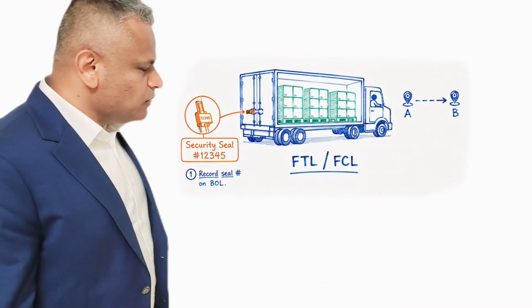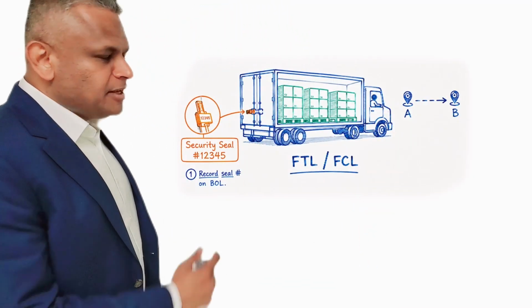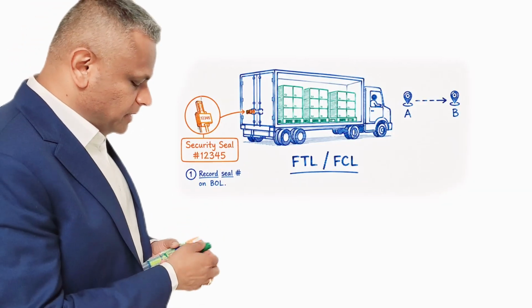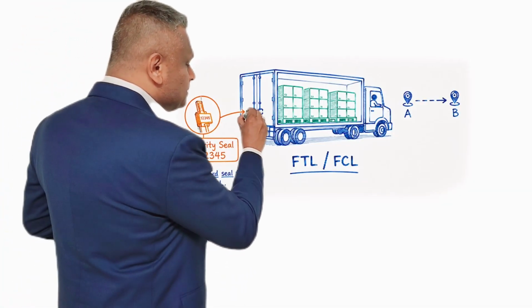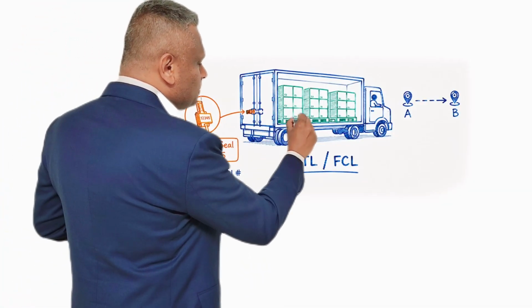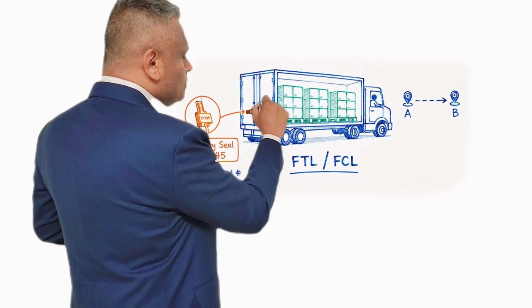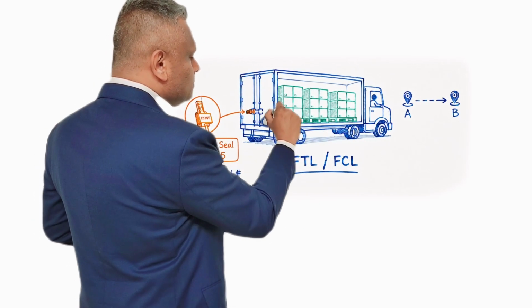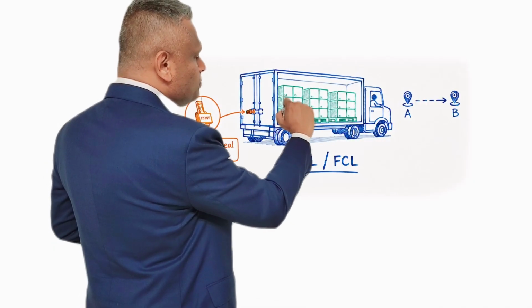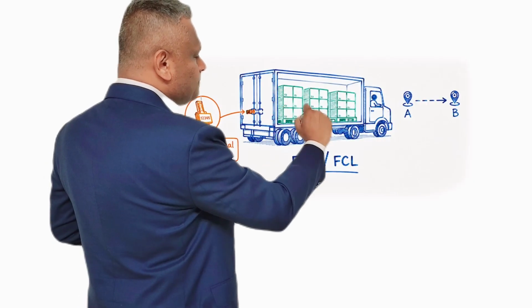One full truckload is going, and you've got all those pallets inside, right? I'm just going to keep it simple here, with 2D drawings. It's a simple FTL.